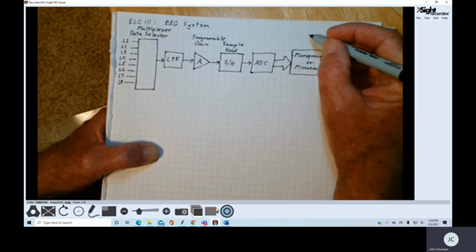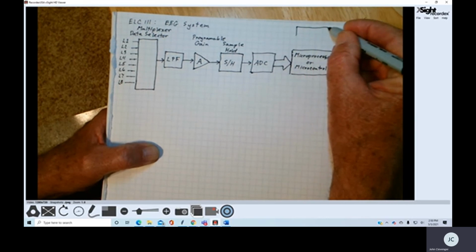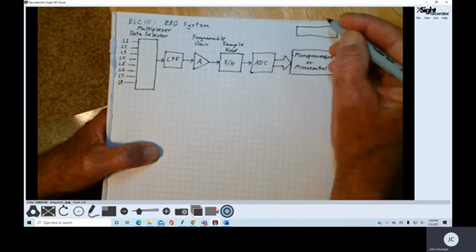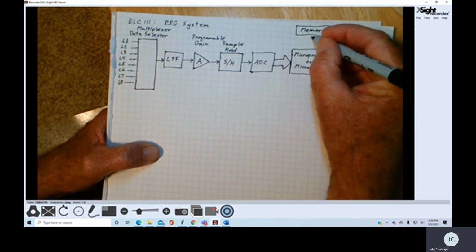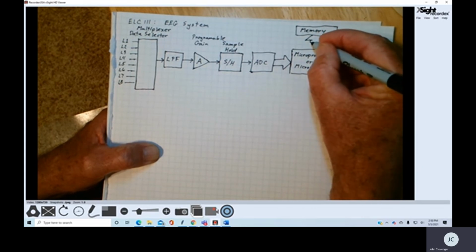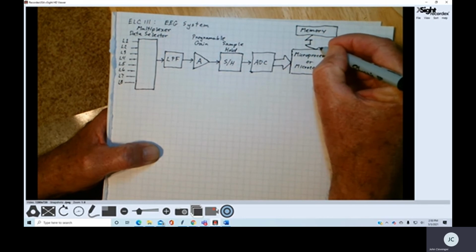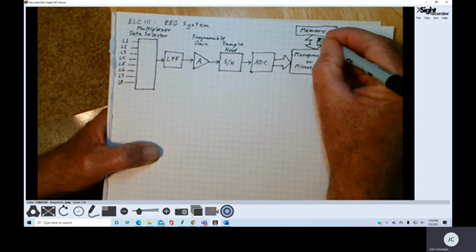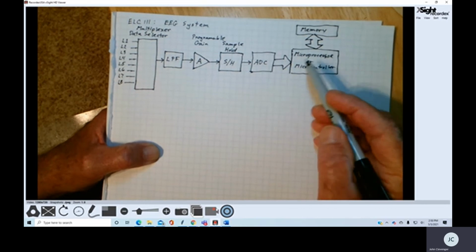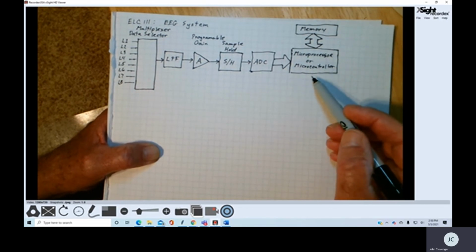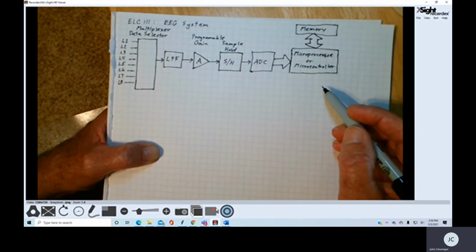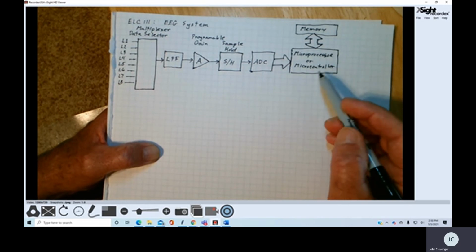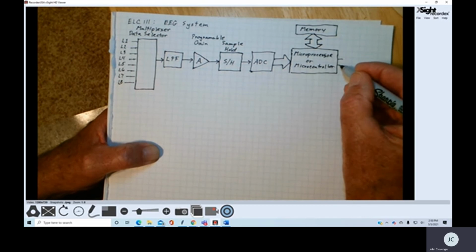Now, our microprocessor has got to communicate back and forth with some memory, and memory is where we're going to store the data that we get from the analog to digital converter, as well as store the program that the microprocessor needs to operate, and saves the information that's going to be sent over here, of course, to our display unit.